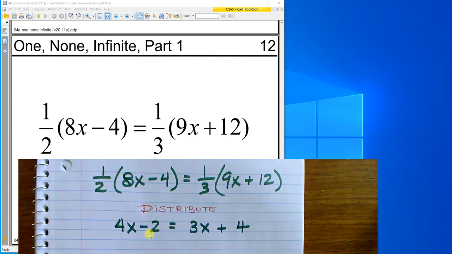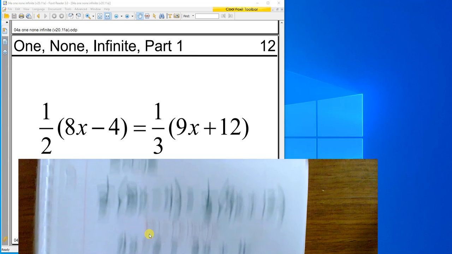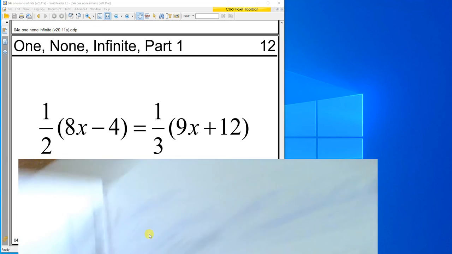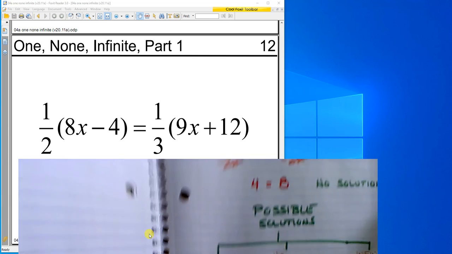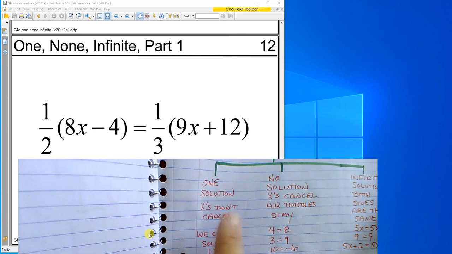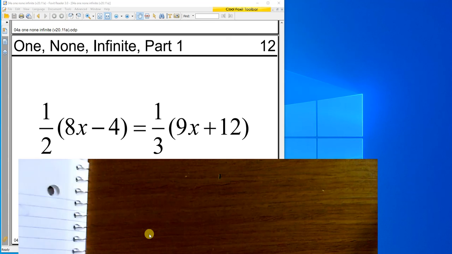Okay, and right here, I can tell that it's going to have one solution. The x's don't cancel. One solution. Wasn't that in our notes? Right here. One solution. X's don't cancel. One solution.